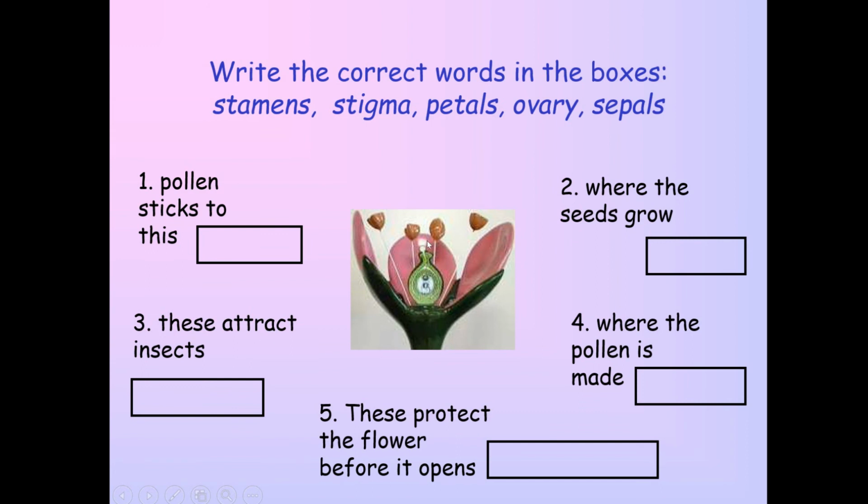Okay, how do you call this? Okay, number 2, where the seed grows. This is the ovary, and the seed will grow in this portion. How do you call this portion?